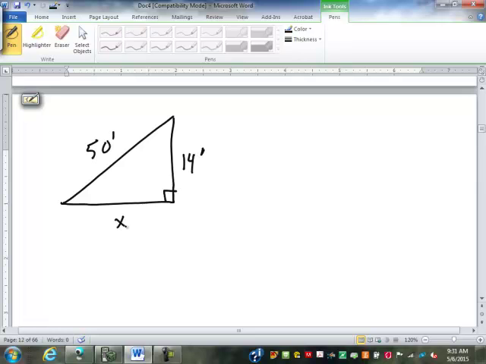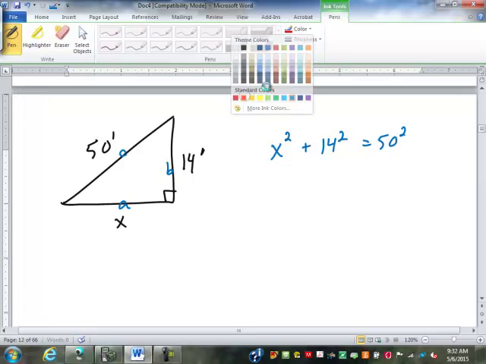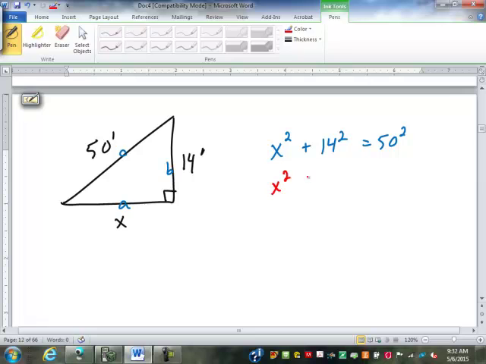So let's find the value of x here. Now, when this one's set up, a is going to be x, b is going to be 14, and c is 50. So it's going to be x squared plus 14 squared equals 50 squared. Well, the x squared stays the same.